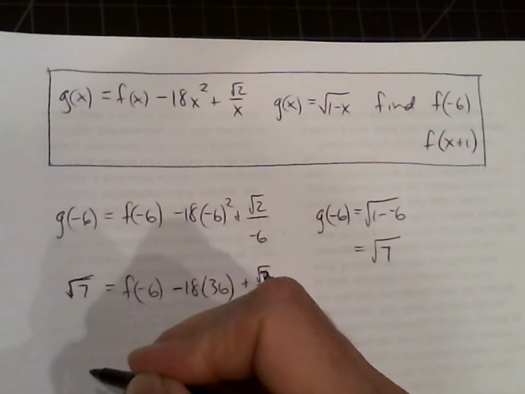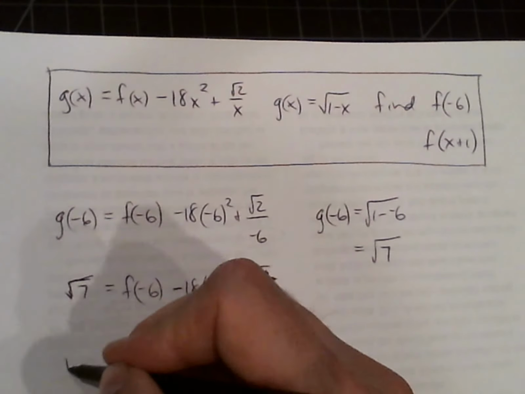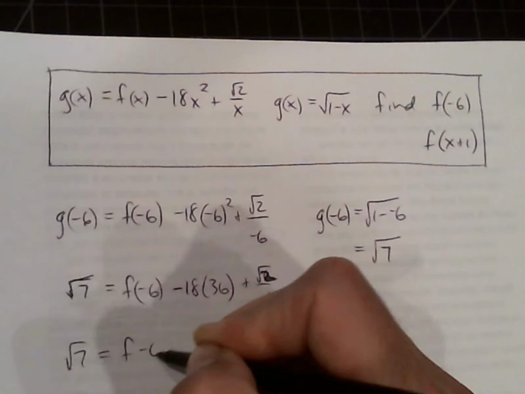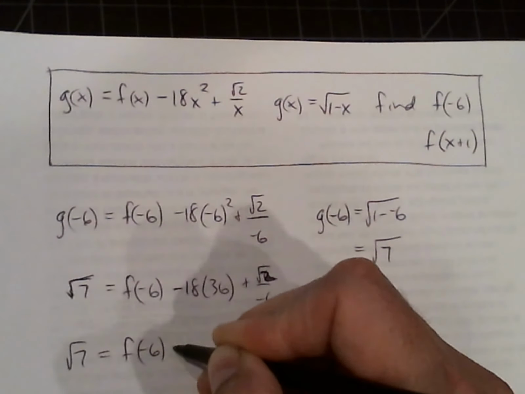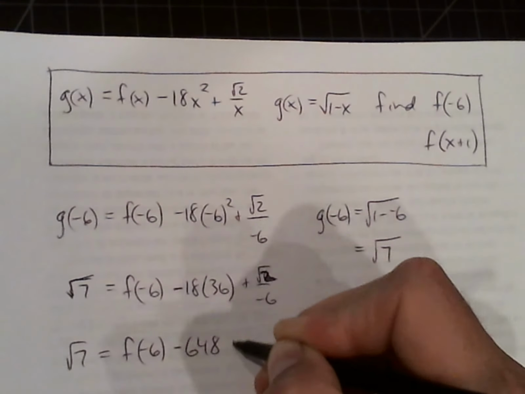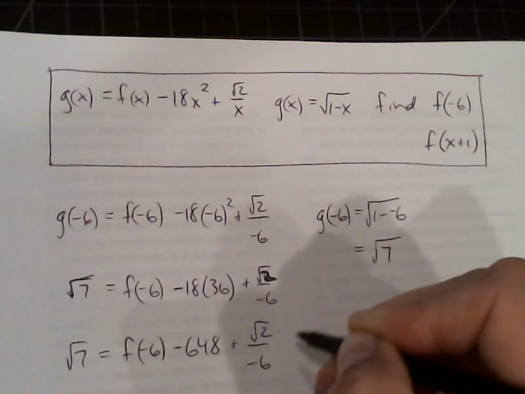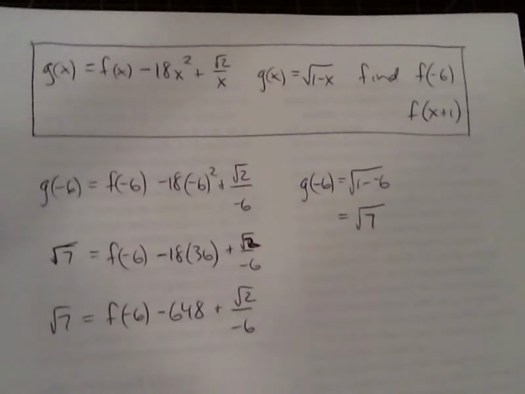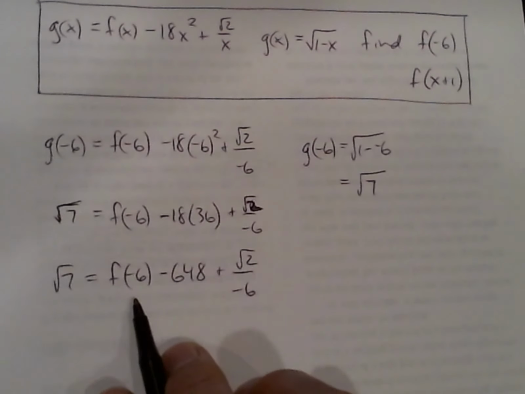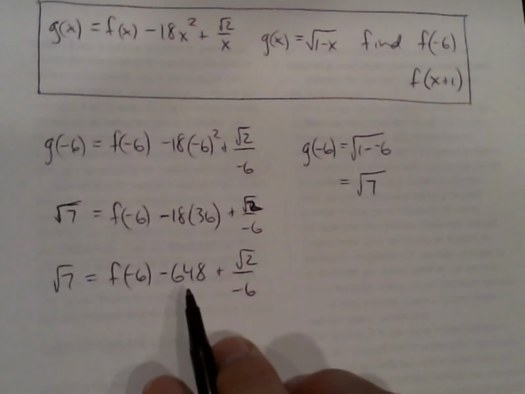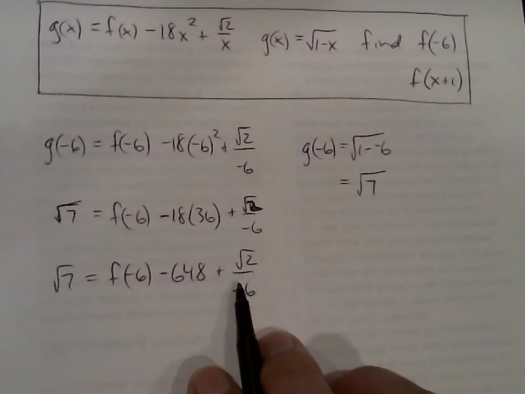And let's do -648. We want this by itself, so we're just going to add this and add this to both sides.